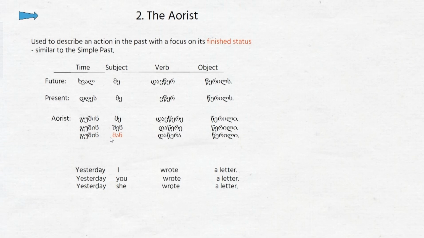This is called the ergative case, and actually also first person, second person, the subjects are in this ergative case, but it's just the same form, written and spoken the same, as we would express the subject in the present and the future, but yeah, we have to remember to use man instead of is.